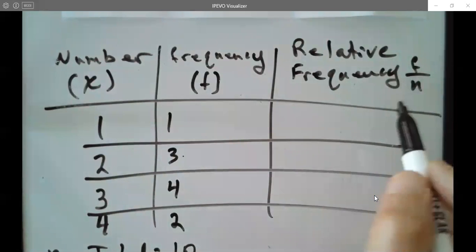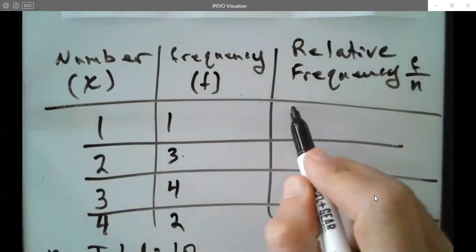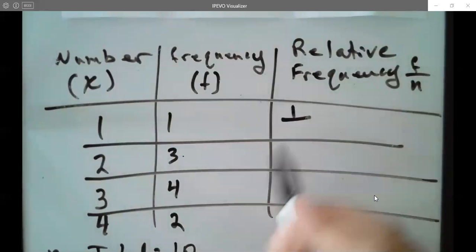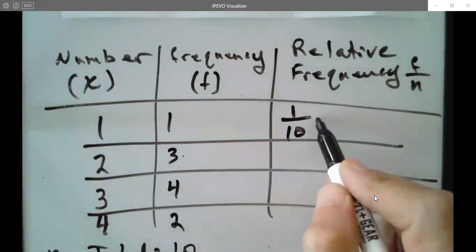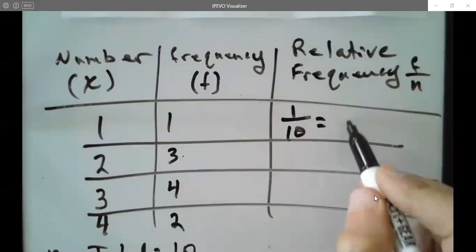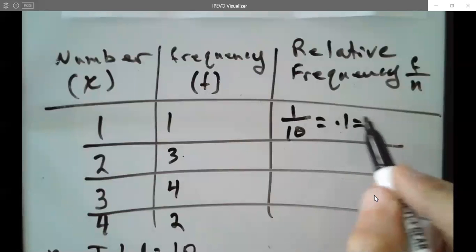Now we take our frequency, in this case 1 over 10, our total, and that's 0.1 or 10%.